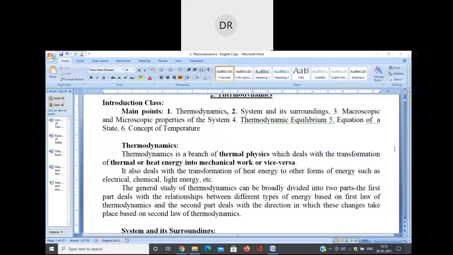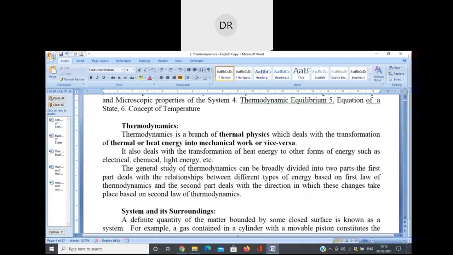So what is thermodynamics? How can we say this? Thermodynamics is a branch of physics which deals with heat or heat energy. How we convert heat energy into work or vice versa. How we convert mechanical energy into heat or some other energy into heat.